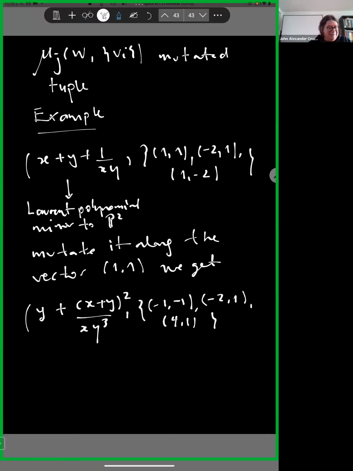That's what happened in this situation. So if you mutate again and again and again, you get the Landau-Ginzburg seed.